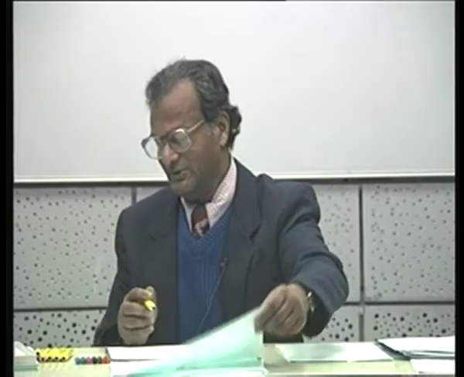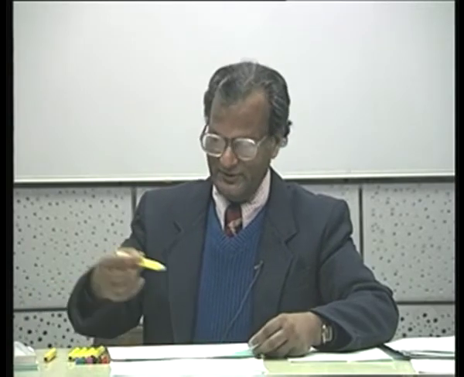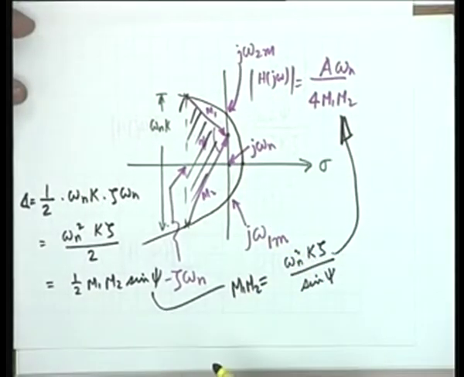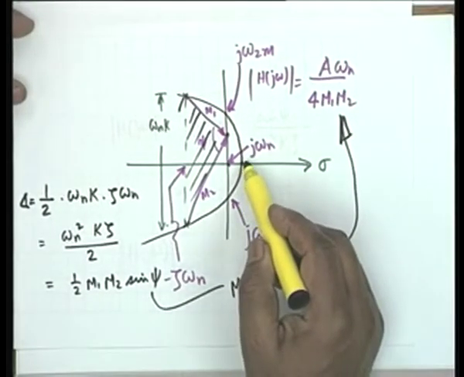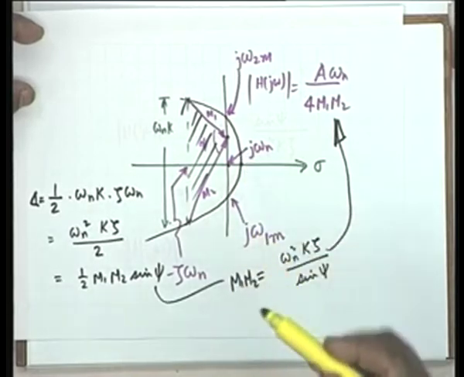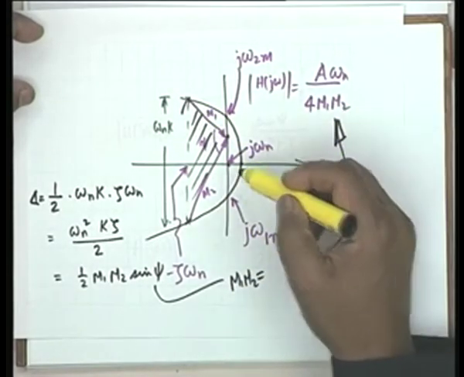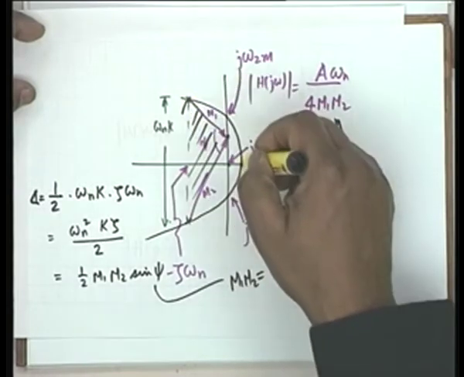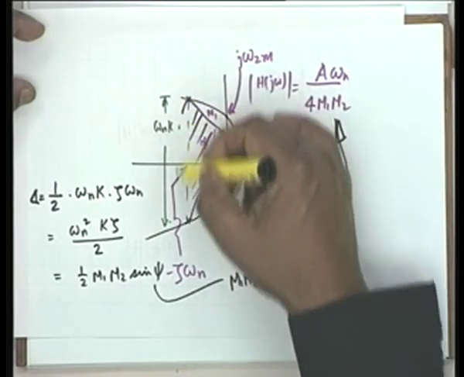Namely, what we do is we take this as the radius, the intersection on the sigma axis as the radius, and as the center, this as the center and this as the radius, distance from here to here, and then draw the circle.